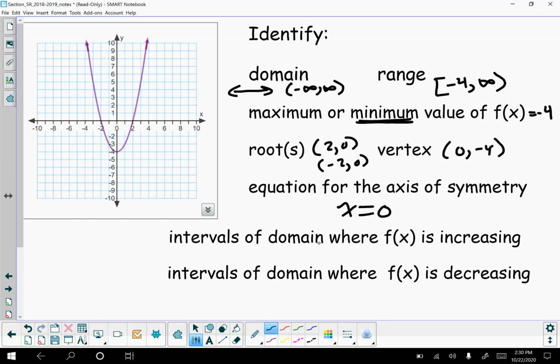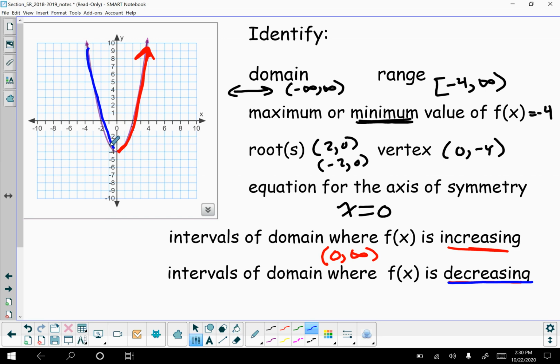So the intervals where it is increasing, okay? Increasing means that I would be able to take 2 points along this part of the red line and I could find the slope. So from 0, soft bracket though, to infinity, it's increasing. Right at 0, it's actually a horizontal line, and then where is it decreasing? It's decreasing over here.